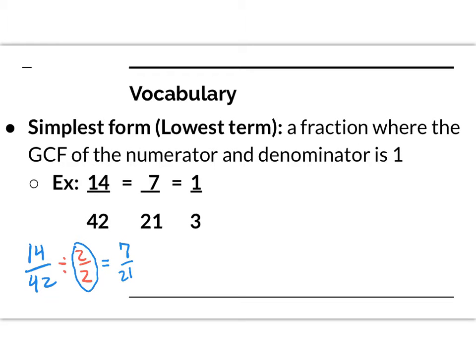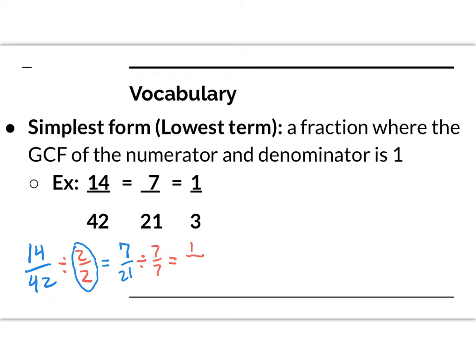But still, this is not simple because going back to common factors, we know that 7 and 21 have a common factor. So if we divide top and bottom by 7, 7 divided by 7 is 1. Any number divided by itself is 1.